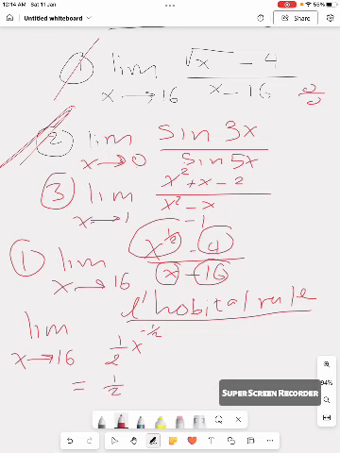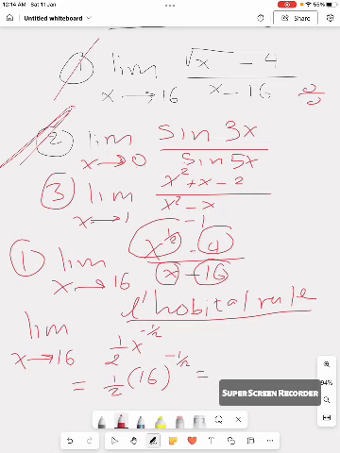So what you will do now, you just say equals to half, open bracket 16 power negative half. So this will be equals to, let me use the calculator, 0.5 open bracket 16 power negative 0.5, 1 over 8.